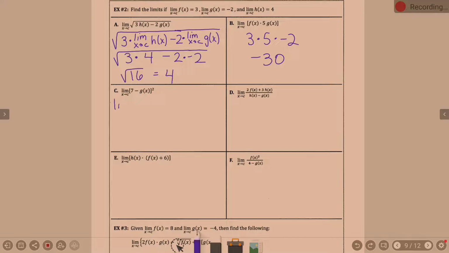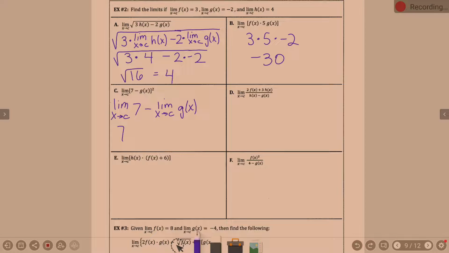Okay, so what are you guys doing on C? And one thing I should mention here. What about the limit as x approaches c of 7? What is that limit? 7. That is 7, because I don't think we've used that rule yet, have we? So realize that that is 7. So on this one, sorry, I lied. I'm going to do the limit as x approaches c of g of x. And I only did that because I want to make sure you realize that limit is 7.